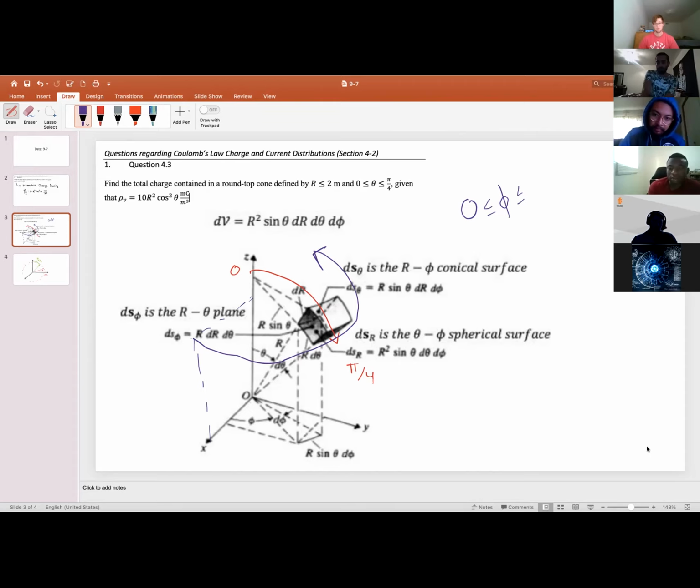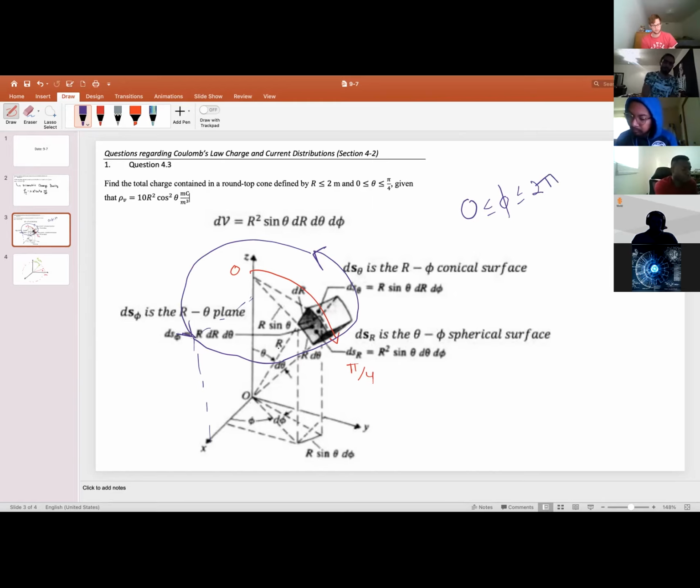Where it started, yeah. And so it would go all the way back around. If we keep going all the way back to where it started, what would we call this angle? Would that be 2 pi? Yeah, by the time we get back around, it will be 2 pi over there.